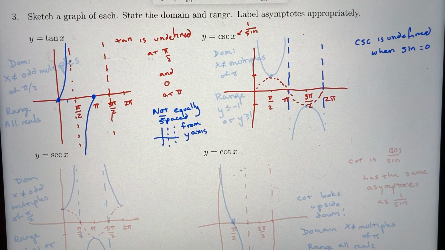Okay, so if I look at this, reciprocal of 1 is 1. It goes up, actually on both sides. It makes what I call cups and caps. So cosecant does what looks kind of like a parabola, except it has asymptotes. It's squished on the sides, and then an upside down one.